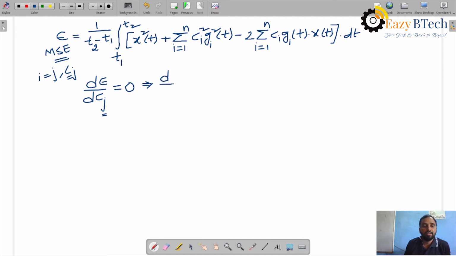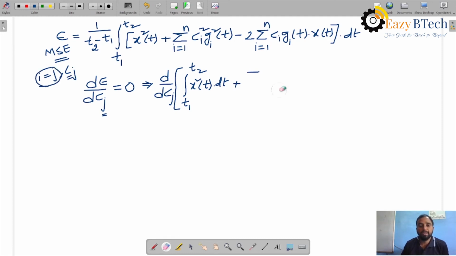So d by dCj of the first term, integral t1 to t2 x square of t dt. Next, the second one, plus. Here we are doing the Cj formula whenever i is equal to j, so that is why there is no need to take the summation here.